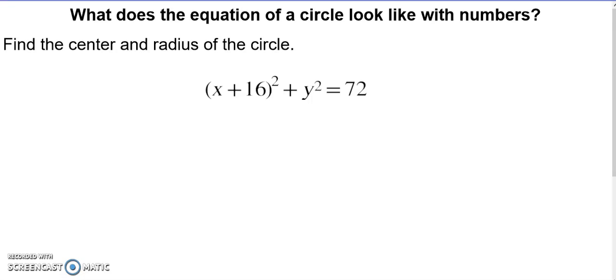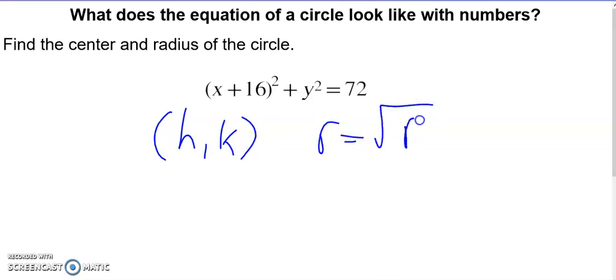Let's try this. This one's got to be different because there's no parentheses around that y. It is sort of different, but not really. H is located inside the parentheses with the x.